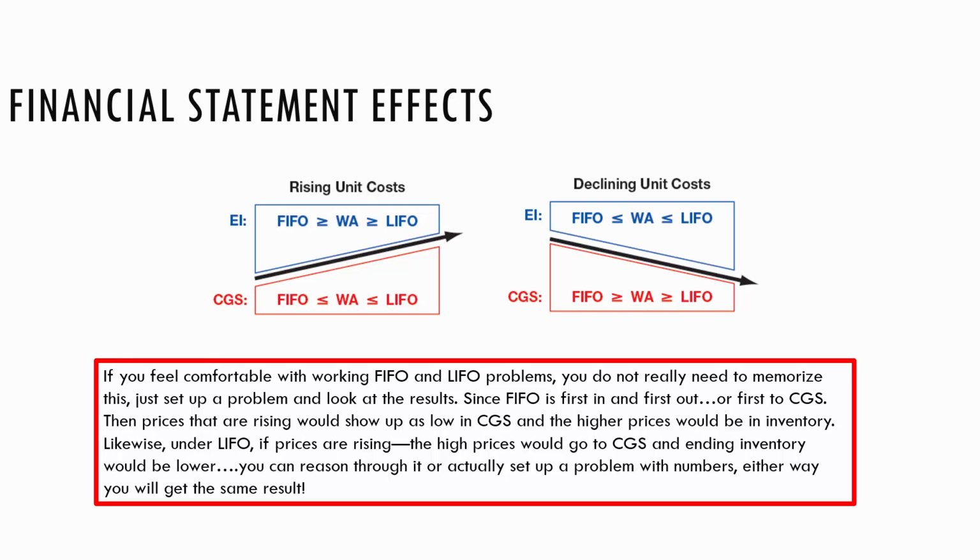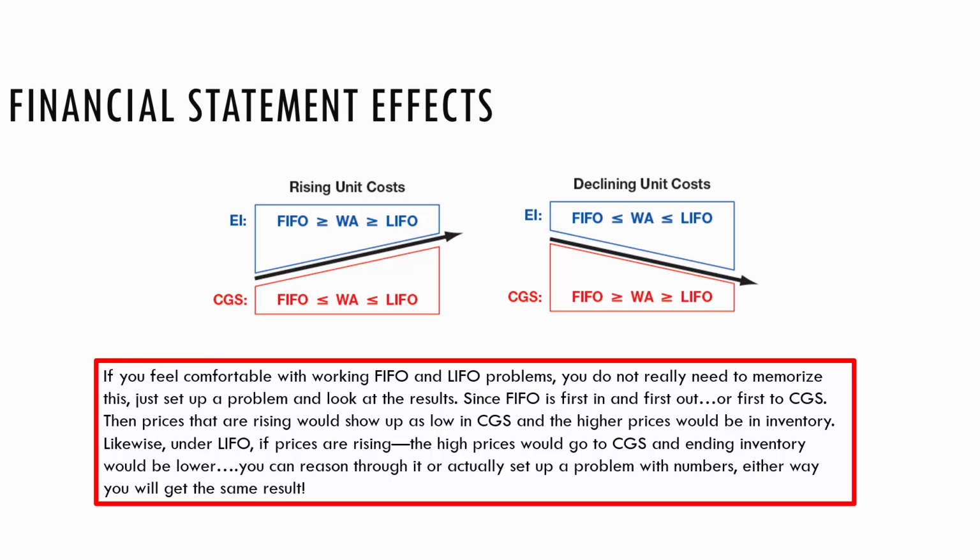Now, what's often talked about when we talk about this is the effects of when prices go up or when prices go down, and if you're having to pay more for inventory, how does it show up on your balance sheet? How does it show up on your income statement? Your textbook goes into this in great detail.